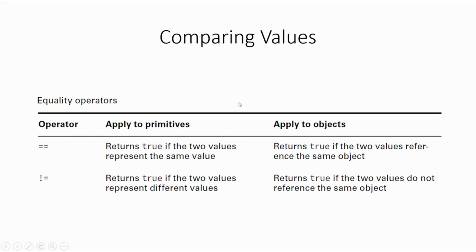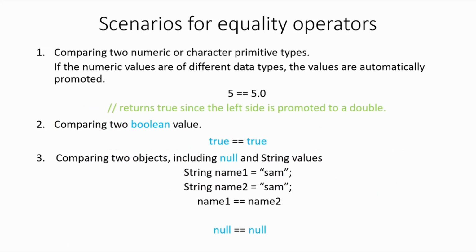For objects, the first one, equal equal, returns true if the two values reference the same object, and not equals returns true if two values do not reference the same object.